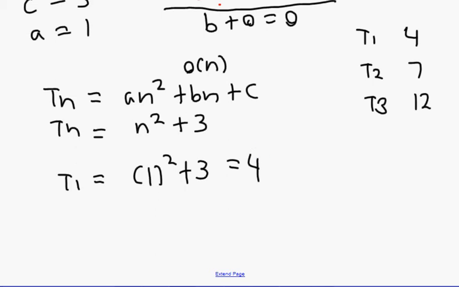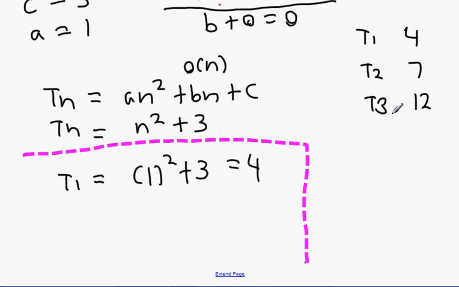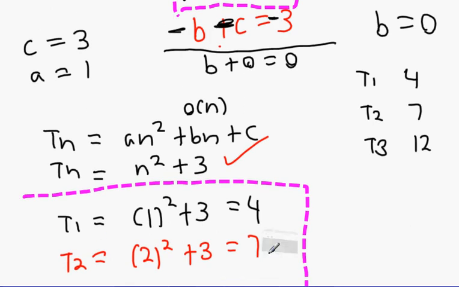This was me checking my answer. What's T2 meant to be? T2 is 2 squared plus 3, which is 7. Does our equation work? Yes, it does. This is the correct answer.